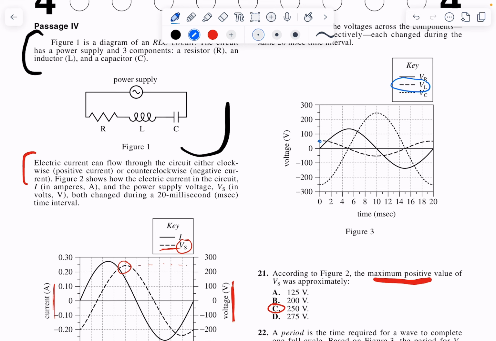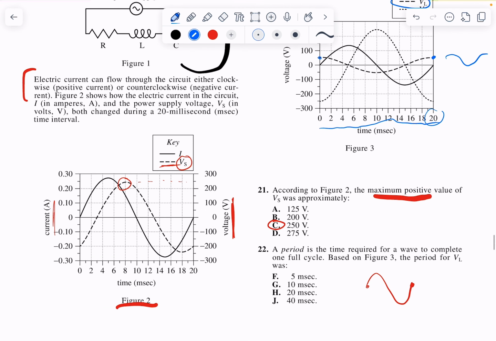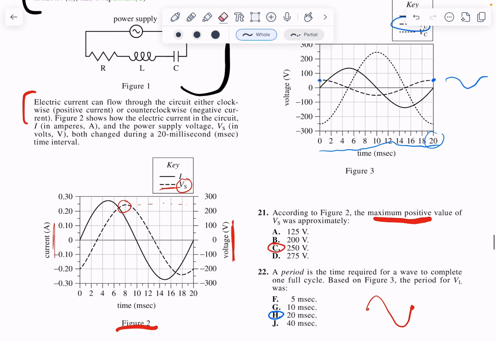And it looks like it does one cycle over the course of this whole graph, where it starts at the top, goes down, and comes back up. And down here we've got time, which is 20 full milliseconds. So we can come down, it takes 20 milliseconds to do that. Right there.